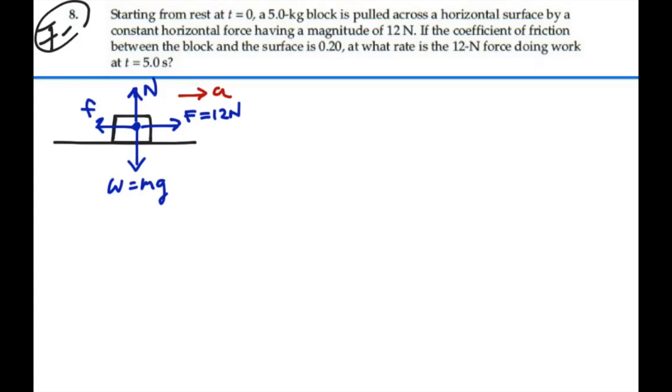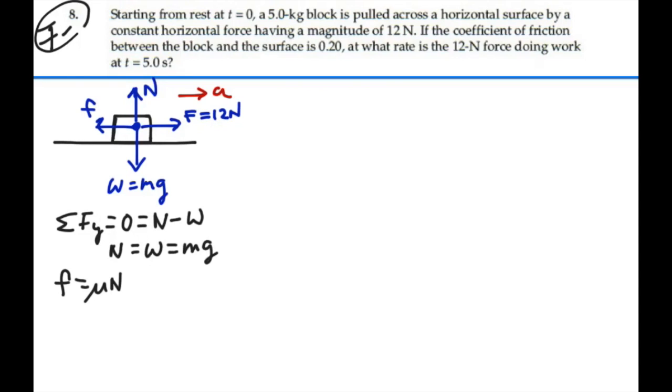We want to use this to find out what the frictional force is. Looking at the y direction, there is no net force. So that's the normal force minus the weight. In other words, the normal force is equal to the weight, equal to mg. And in turn, the frictional force is equal to mu times the normal force.